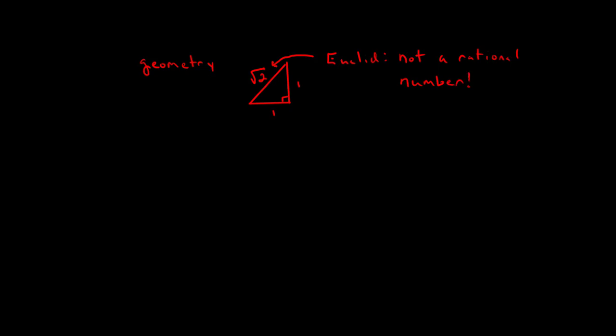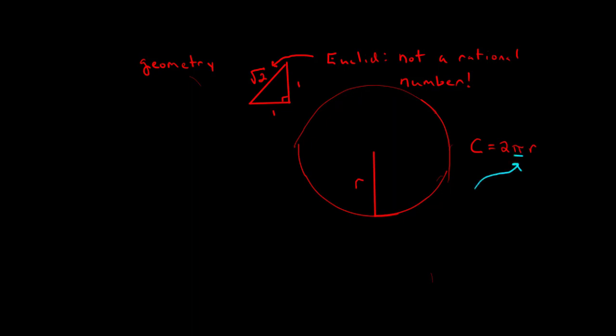And then we do more geometry, and for example, we find the circumference of circles. I'm drawing a sketchy circle here, but I hope it gets the point across. We have a circle with a certain radius r, and the circumference of that circle is going to be 2 pi times r. And we know that pi is also not a rational number: if you type pi into your scientific calculator, you're going to get a non-repeating decimal, which is the hallmark of an irrational number.